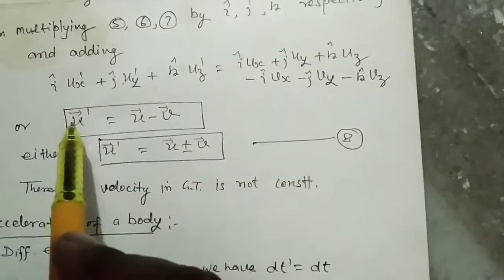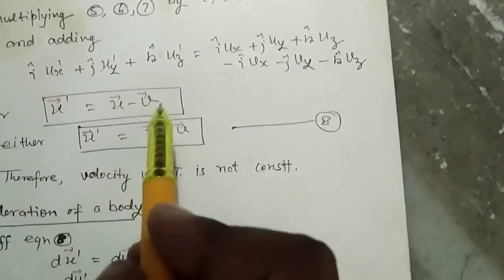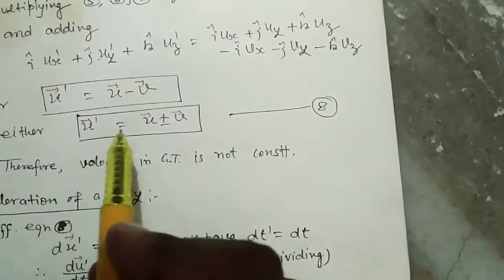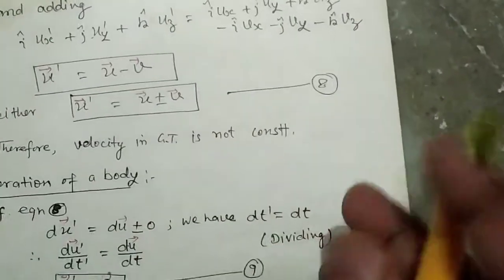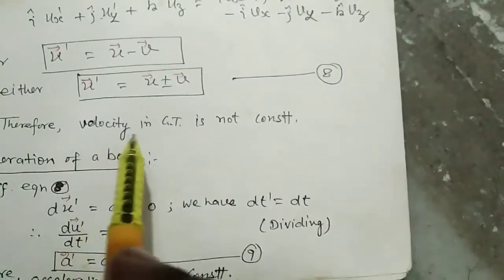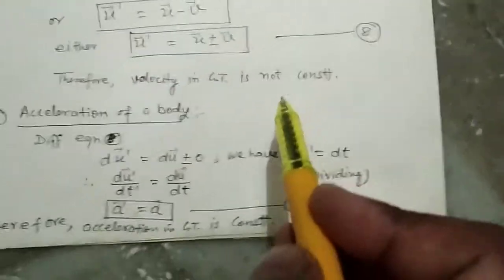That is, u dash vector is equal to u vector minus v vector. This is equation number 8. So here we note that velocity in Galilean transformation is not constant.